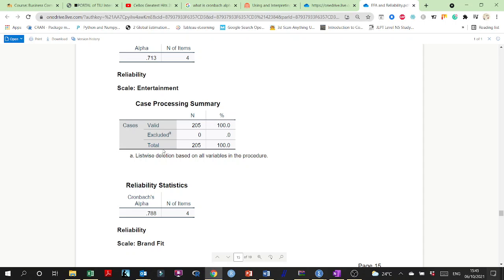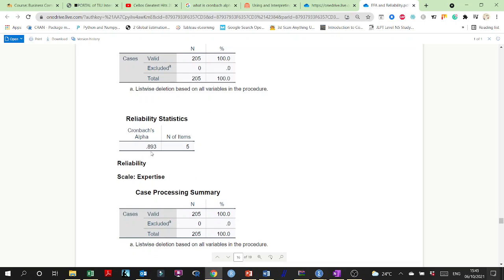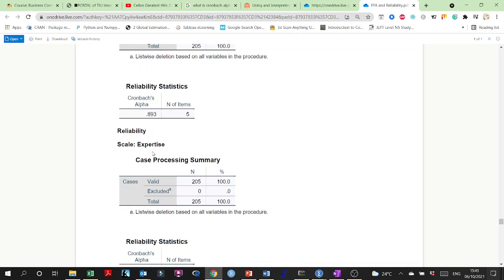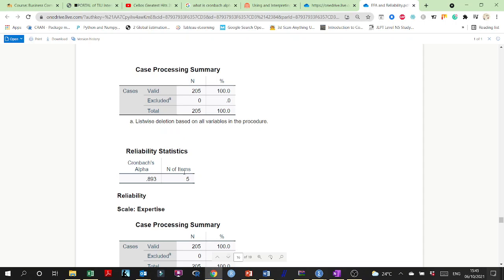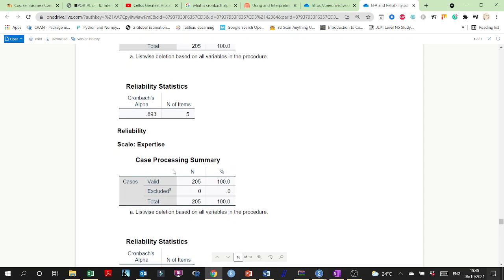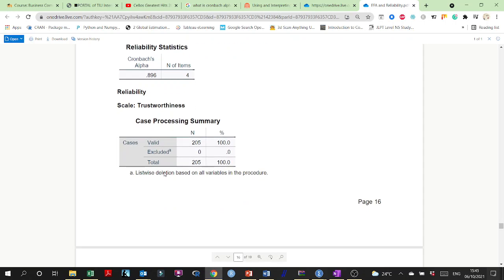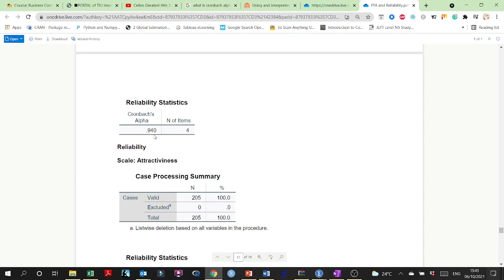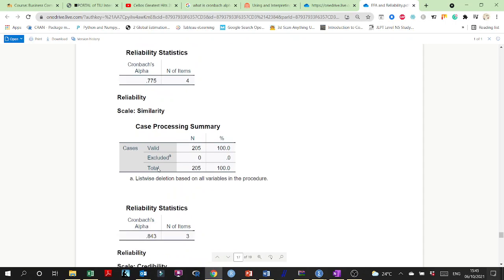This is awesome. And over here, 0.788 for entertainment. For brand fit, it was very high, 0.89, almost 0.9. Expert, so very good job, Anna, because this is something of your own contribution. You added to the theory. Awesome job. Expertise is 0.89. Awesome. Trustworthiness is 0.94. Oh my God. And then attractiveness is 0.775, very high.